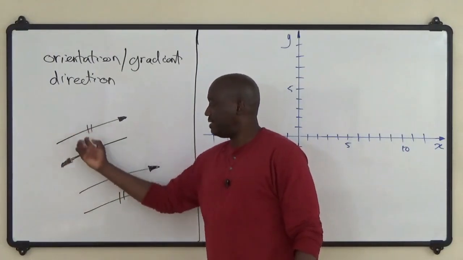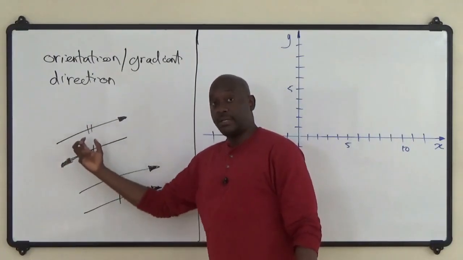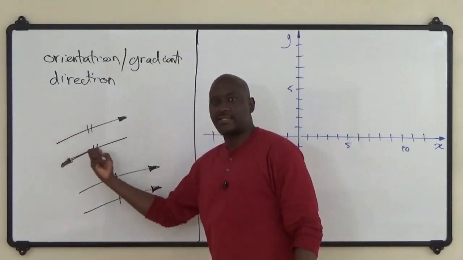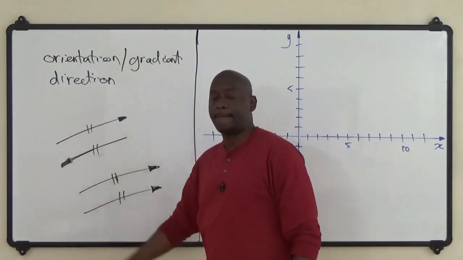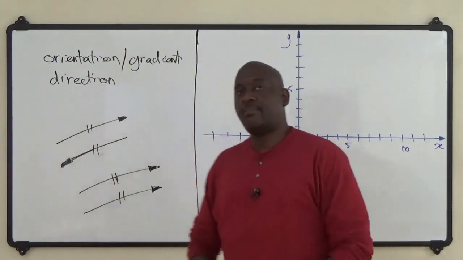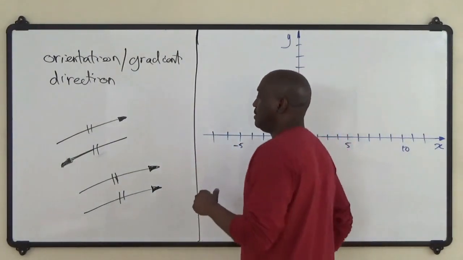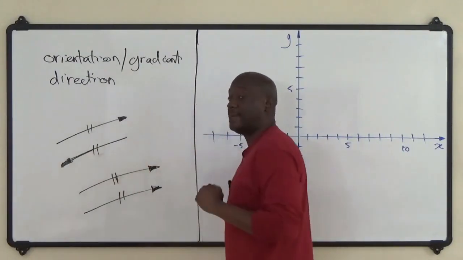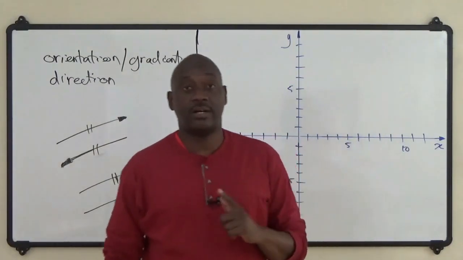But the gradient of the line that the vector is on, the gradient of the straight line itself, would be the same. And if I could borrow some terminology from the circles, we can see that these two directions are diametrically opposed to each other.